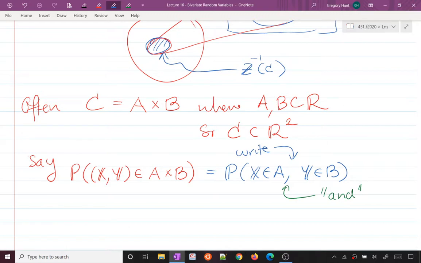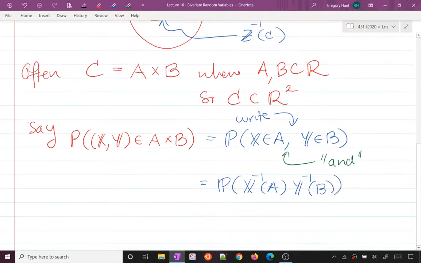And of course, formally you could write this as the probability of the intersection of the inverse image of A under X intersect the inverse image of B under Y. So that's an intersection here, and again, that's formally correct.